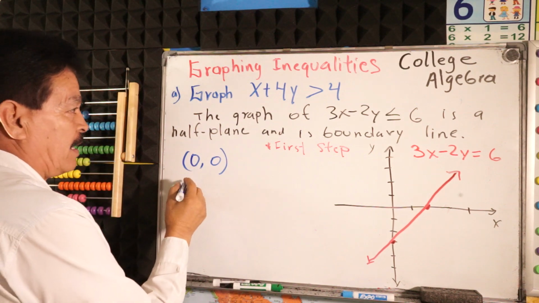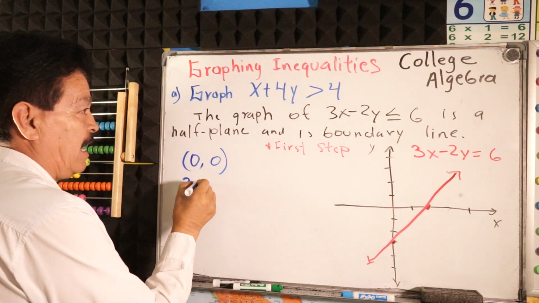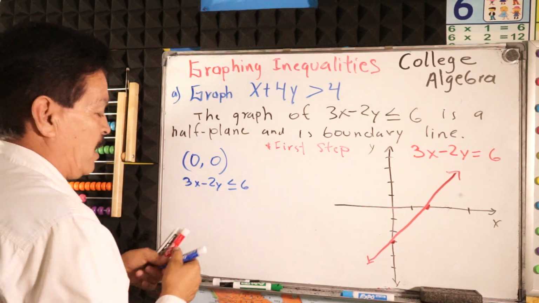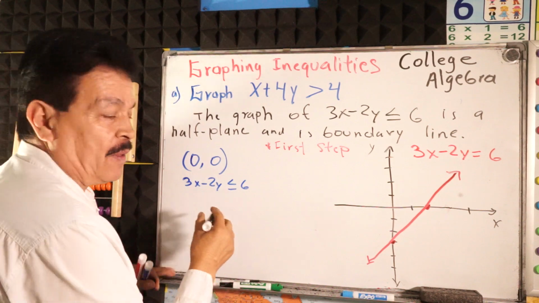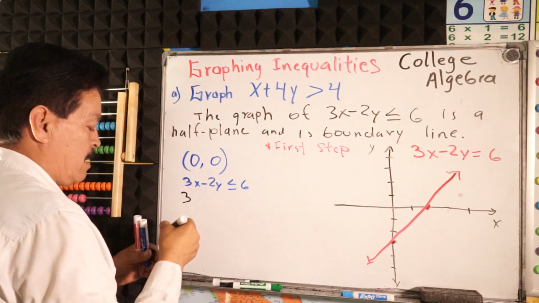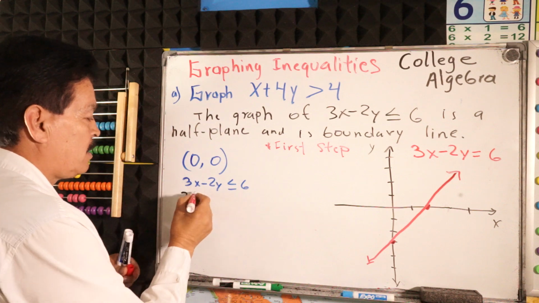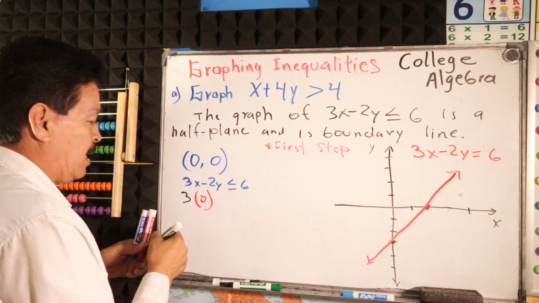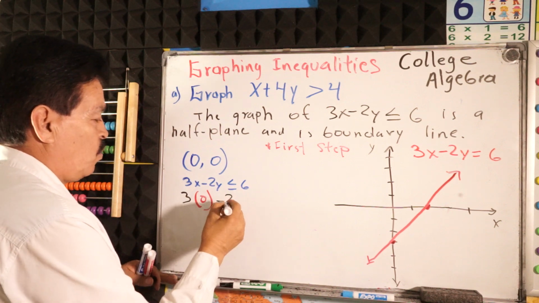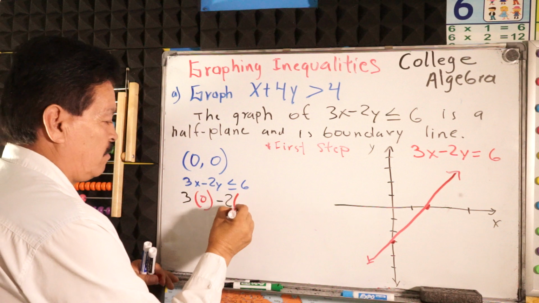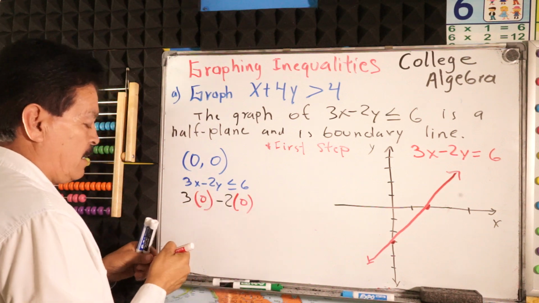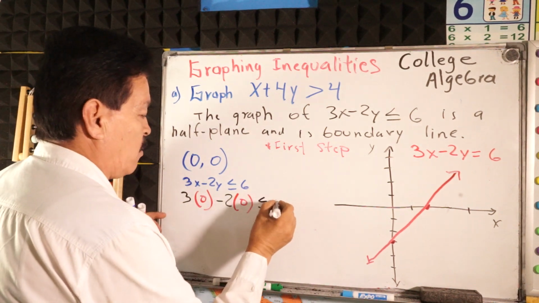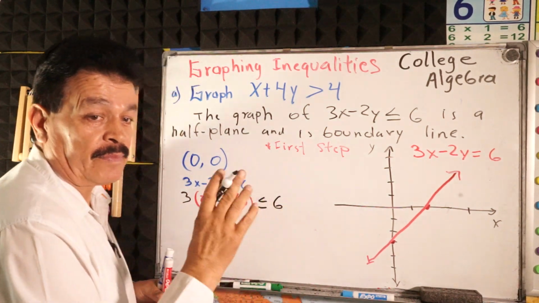Let me write it again: 3x minus 2y less than or equal to 6. Substituting, we have 3 times 0 minus 2 times 0 less than or equal to 6.